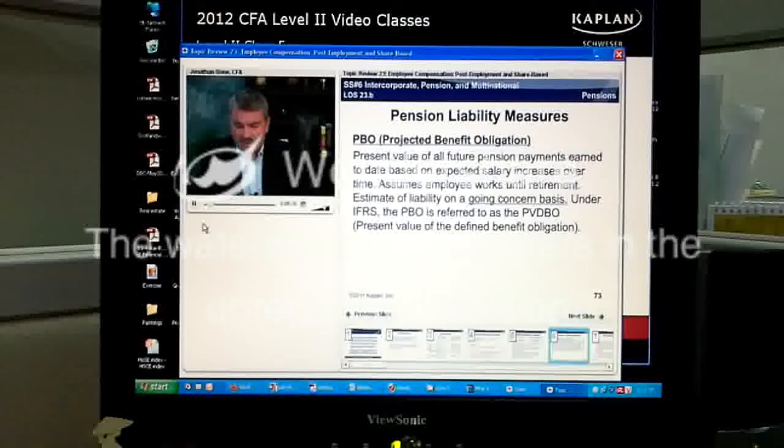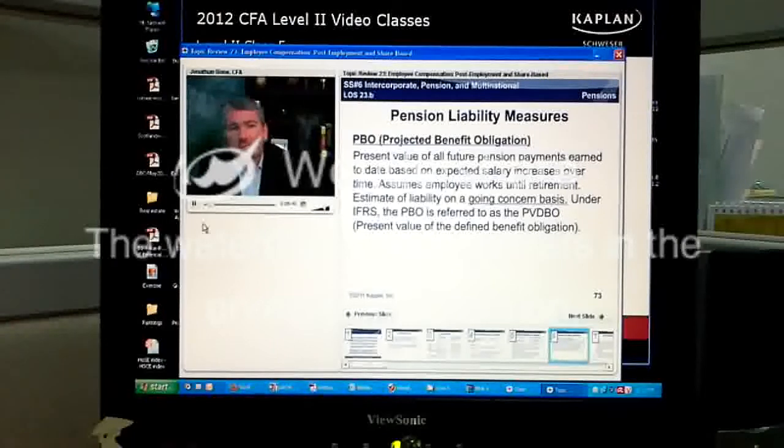Okay, we're asked to explain and calculate pension liability measures in this learning outcome. Under US GAAP, our major liability measure is called the PBO, the Projected Benefit Obligation. Notice that under IFRS, they have exactly the same liability, the same kind of concept behind it, it just gets a different name.